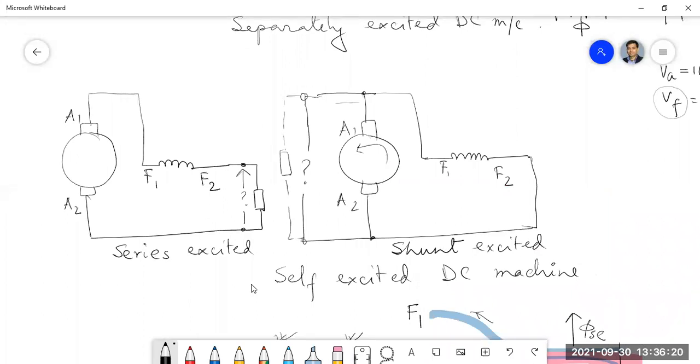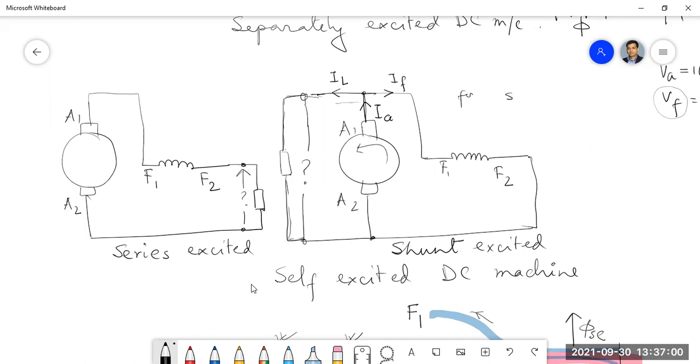Okay. Now suppose I have connected some load here. Now in case of shunt, you see, if the armature of the machine is delivering some current, if I write that IA, now what will be the path of this IA? So it will be bifurcated, na? There will be two paths, one through the load, another through the field.